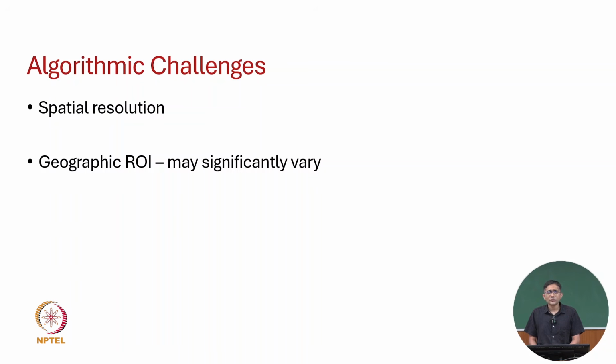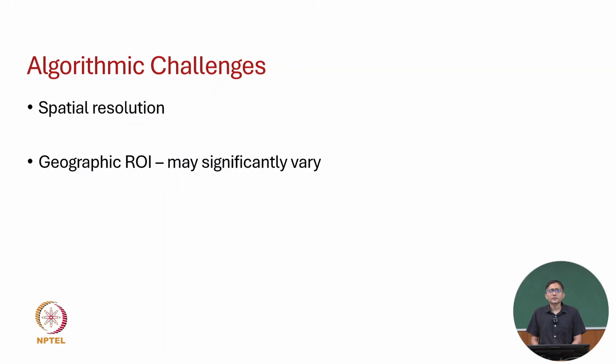In this domain, we work with images with as high resolution as 5 centimeter per pixel or 10 centimeter per pixel, to as coarse as even kilometer per pixel. And accordingly, of course, the task that we are addressing varies significantly.